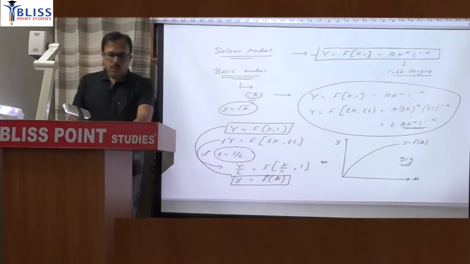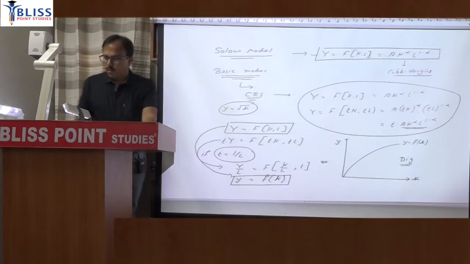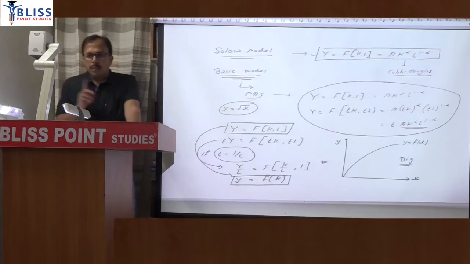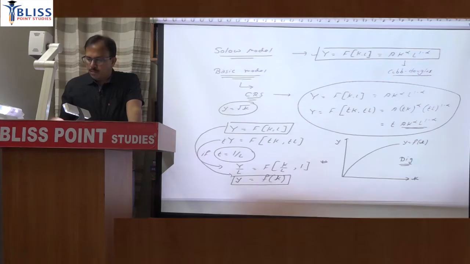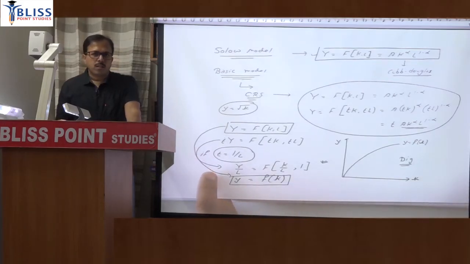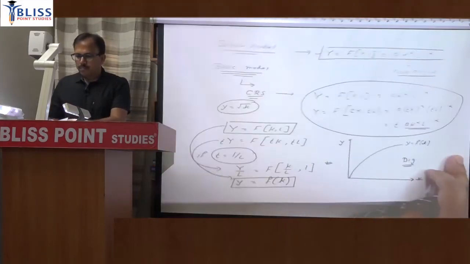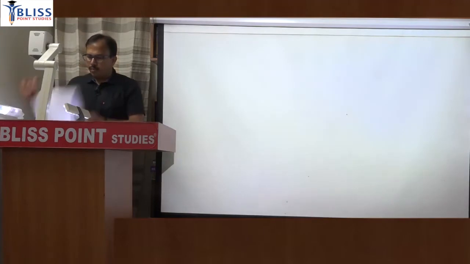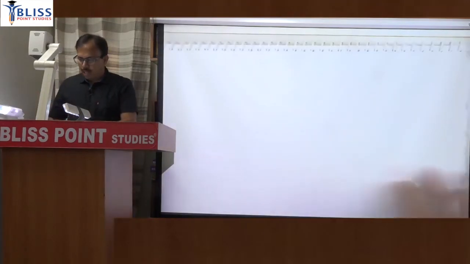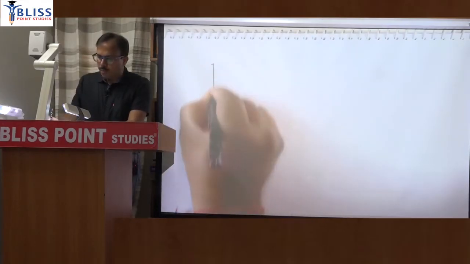In the basic Solow model, GDP per capita, within bracket you can write small y, is a function of capital per capita.